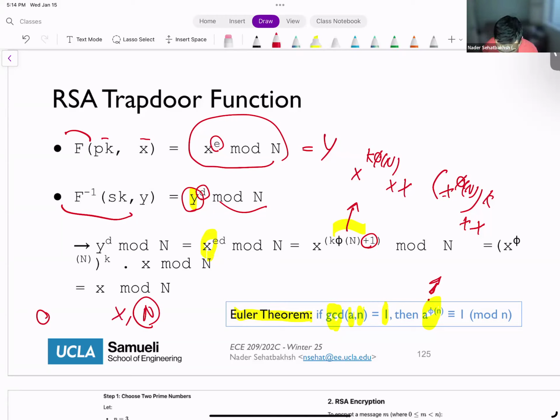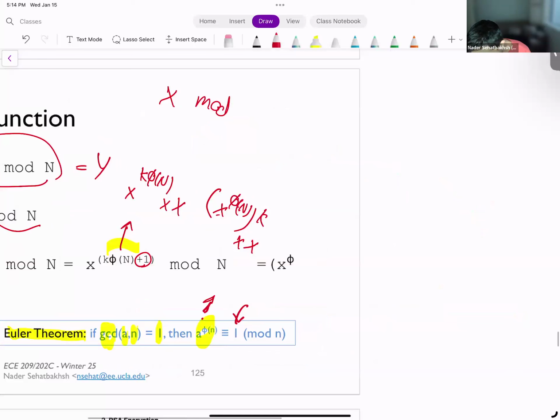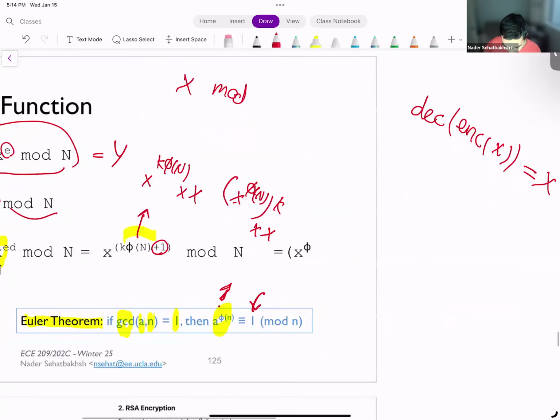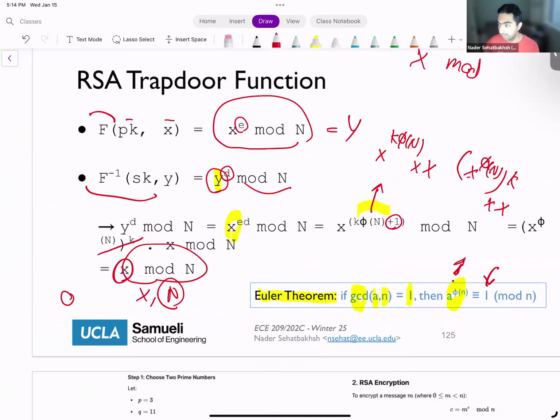We know that the gcd of x and n is 1, so we use this formula to get this part as 1. So what remains is x mod n. And that's basically what we want to achieve, right? Remember that we want decryption of encryption of x to be equal to x. And that's what we are getting here, because x mod n is what we want.